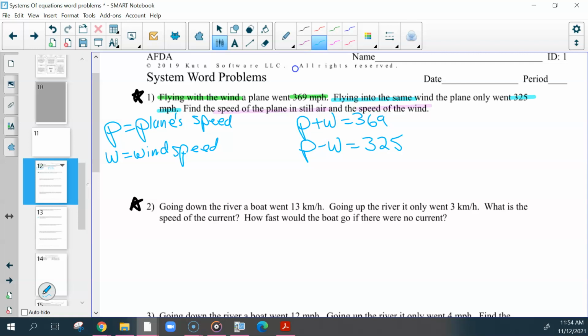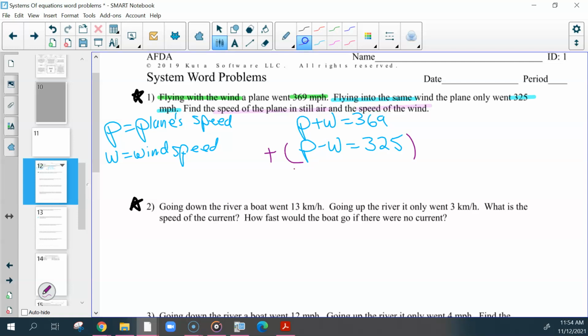These problems are really good elimination problems, but that doesn't mean we can't solve them other ways, which we'll see when we do it by graphing. It does not matter what we eliminate first. I'm going to go ahead and get rid of my W's. So I have a positive and a negative, so I'm going to add those two equations together.